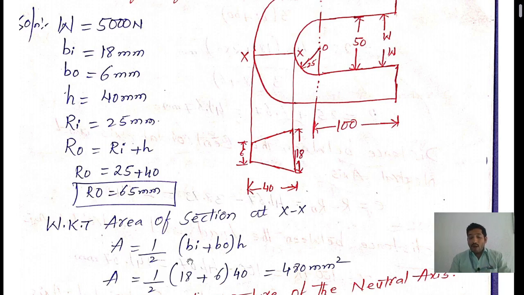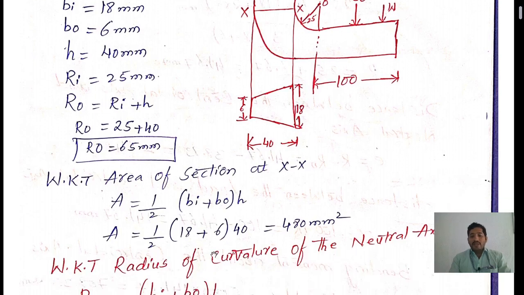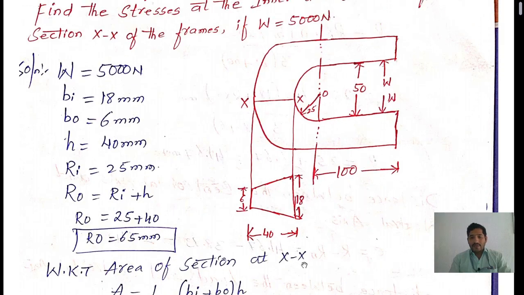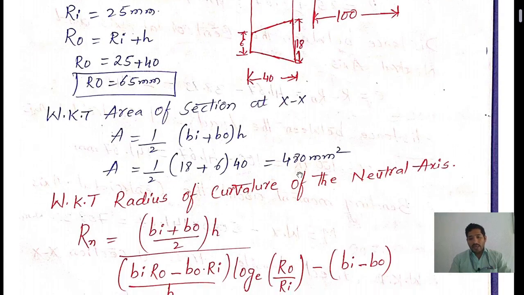For that reason I am using the formula 1 by 2 into inner width 18 mm plus outer width 6 mm, into height 40 mm. If you calculate with the help of a calculator, you will get the answer 480 mm square. The area of this cross section at x minus x is given as 480 mm square.